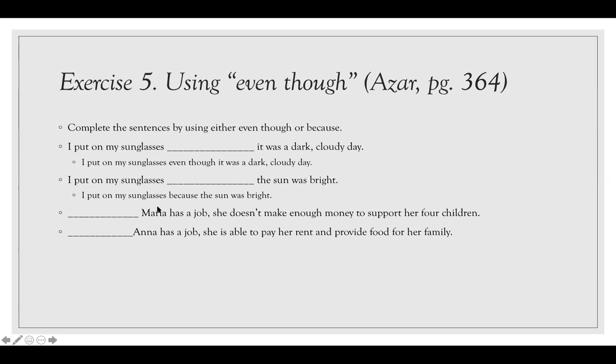Maria is a Hispanic name. And then we have Anglo Ana has a job. She is able to pay her rent and provide food for her family. So these examples are a little bit racist, because they propagate stereotypes of people who can afford, and, you know, class differences and ethnic backgrounds.